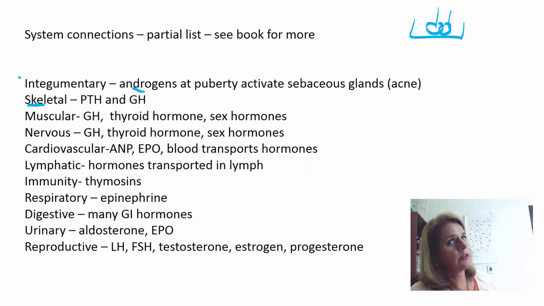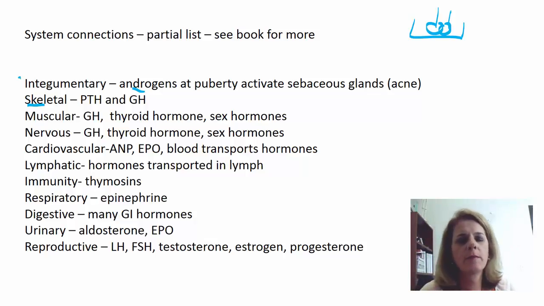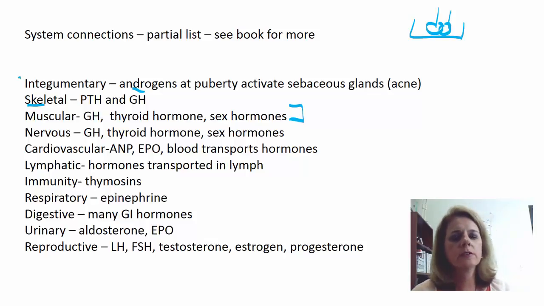Again, they're in your book, so I've got my book out. I was looking at it just a few minutes ago to remind myself what to tell you. Muscular system. Growth hormone, thyroid hormone, and sex hormones all play a role in muscle development. We know that males have bigger muscles than females. What do the muscles do for the endocrine organs? Let's think about that.